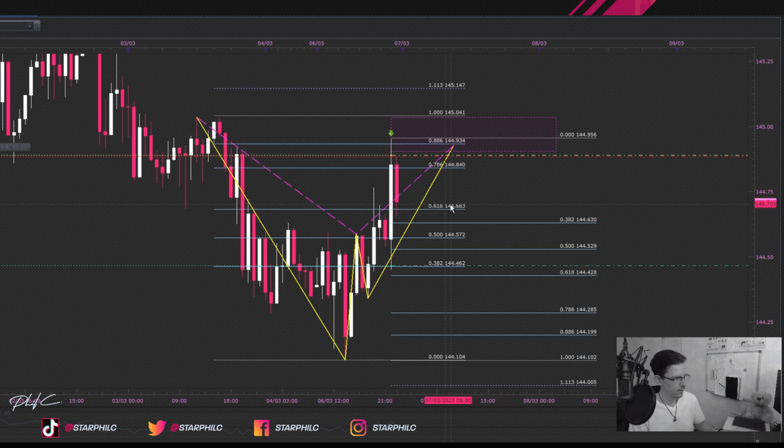We take off half of the position when we hit target 1 at 382 and then roll my stops to break even. And now I'm looking for price action to move all the way down into the 618 for target 2. So that would give us an extra 40, let's say 41 pips on the balance of the position.